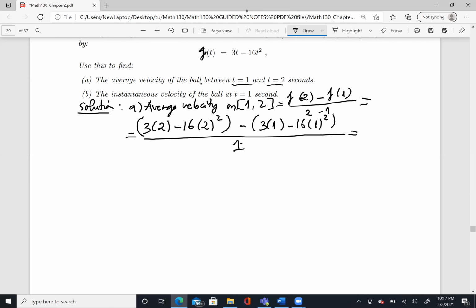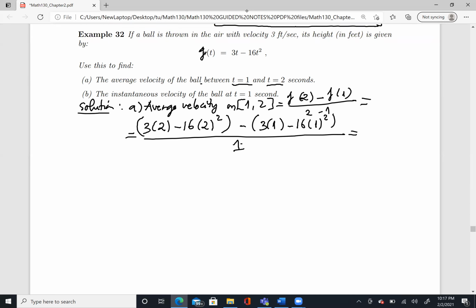Then using a calculator, you can easily find that it is equal to negative 58 minus negative 13, and that's going to equal negative 45 feet per second.